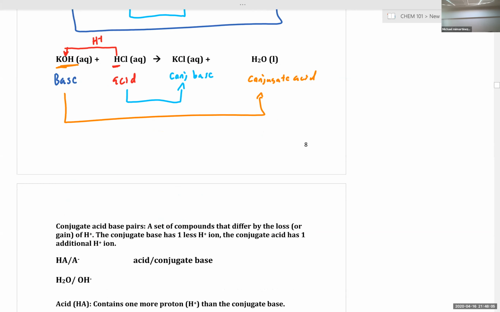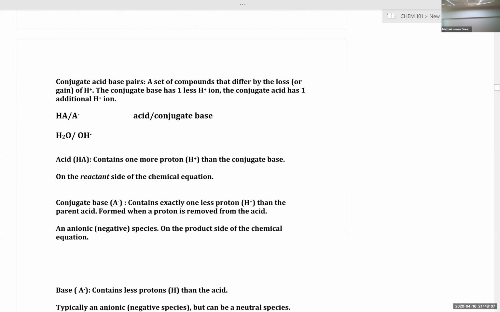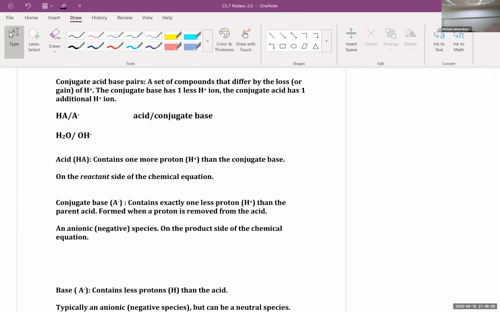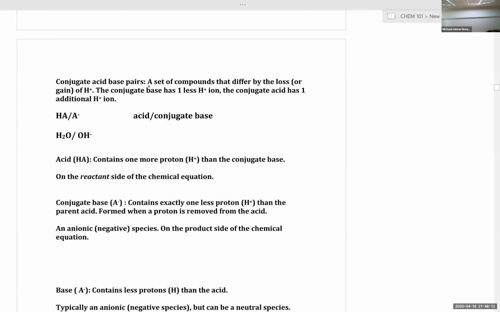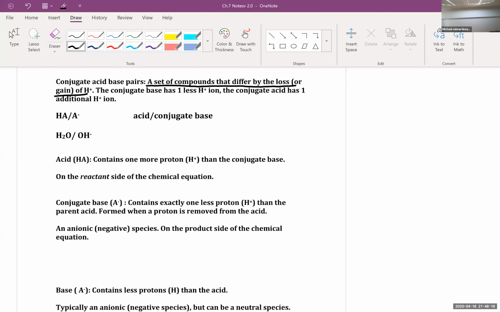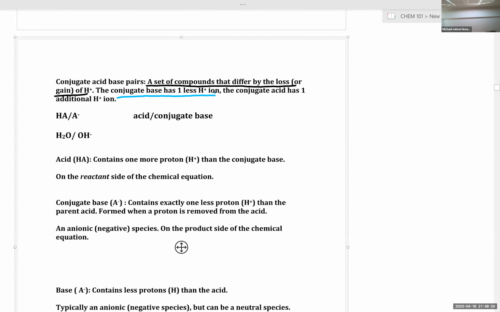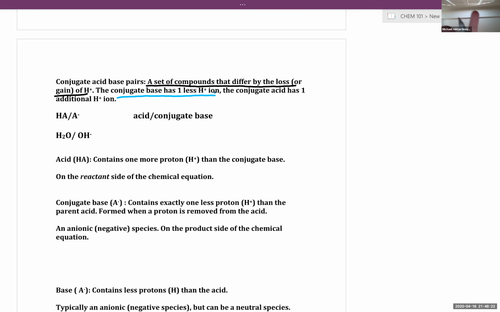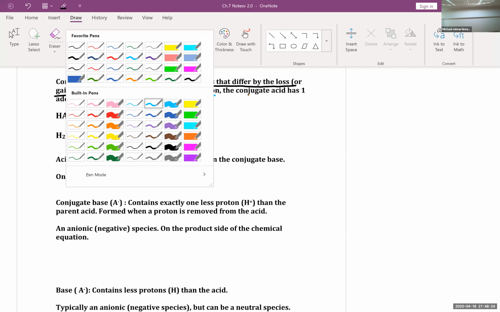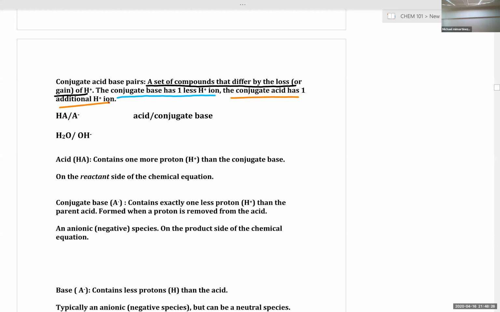To delve more into conjugate acid-base pairs, there are a set of compounds that differ by the loss or gain of H+. The conjugate base has one less H+ ion. The conjugate acid has one additional H+ ion. For example, water and hydroxide only differ by H+.